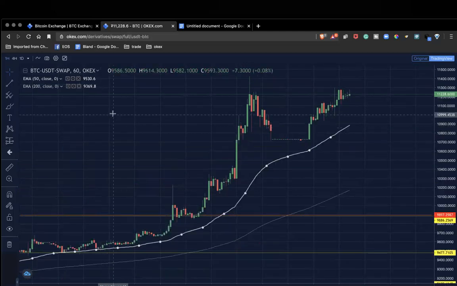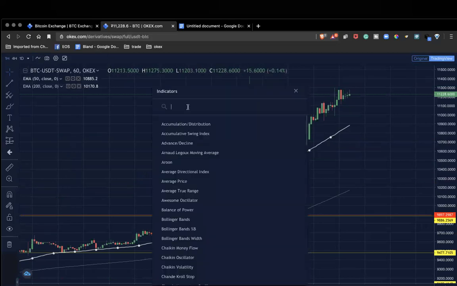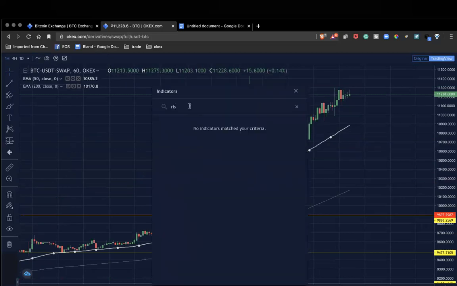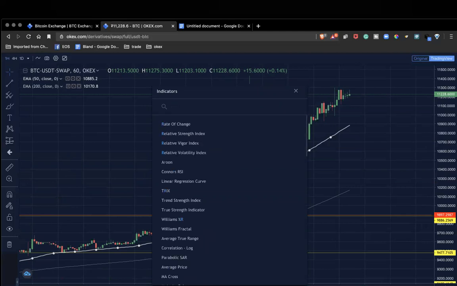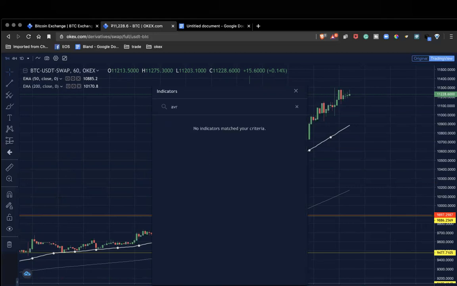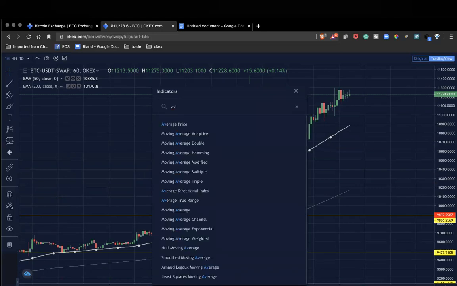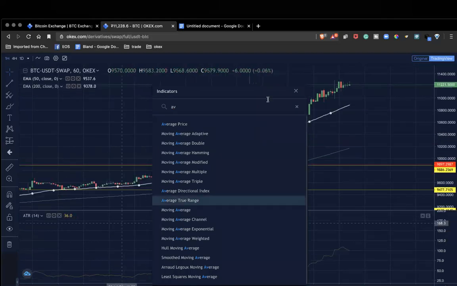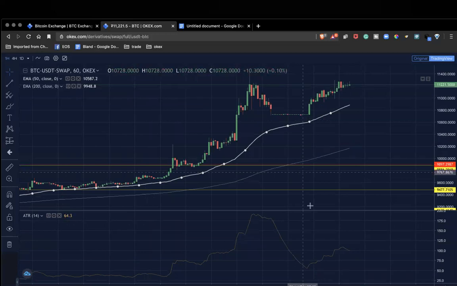Another popular indicator people use is RSI, the relative strength index. There are many. One that I like is the ATR, average true range. This is another beautiful indicator, and this one indicates the volatility of the market.